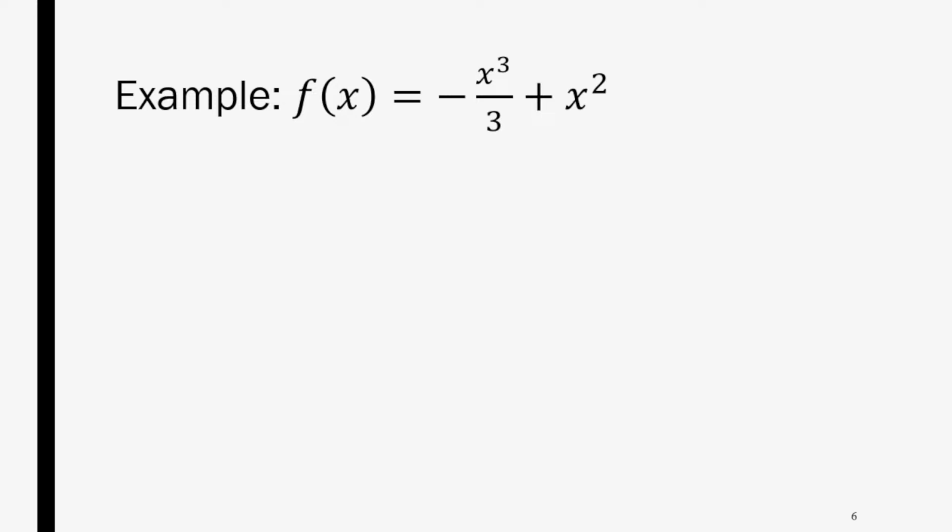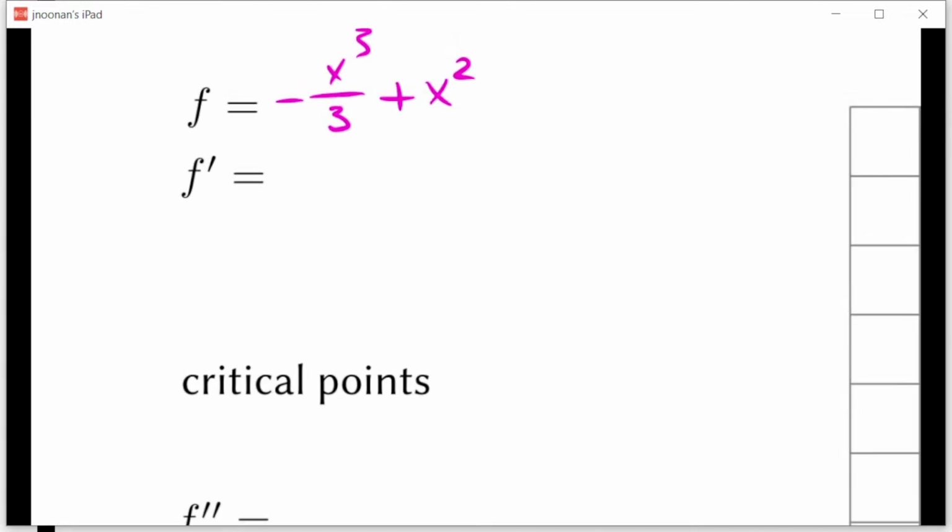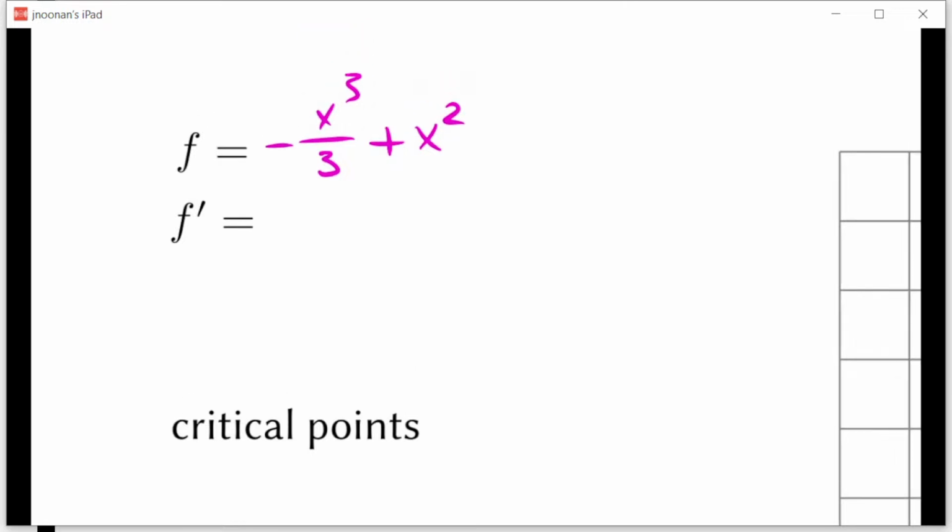I'm really not that proud of it, but I thought someone might want to use it. So I've got my function, and you've got it written in there. Now I want to know where this function is increasing and where it is decreasing. The way we find that out is by using the first derivative, the slope. The slope is going to tell you whether it's increasing or decreasing.